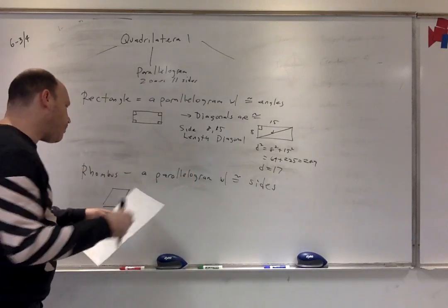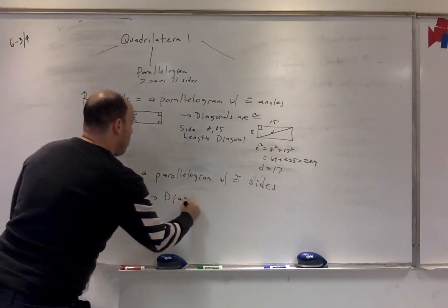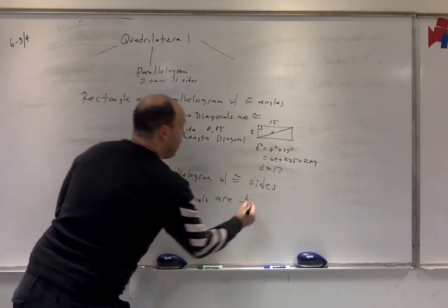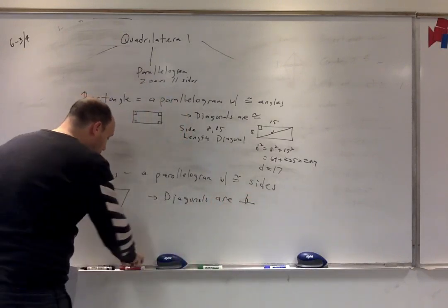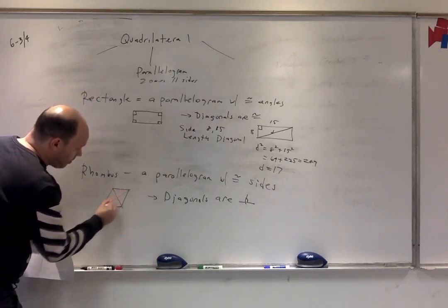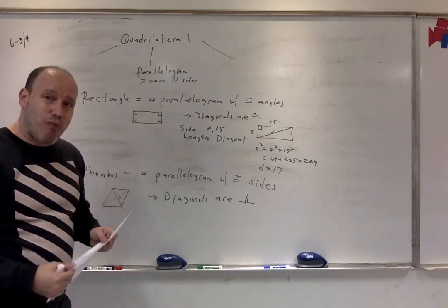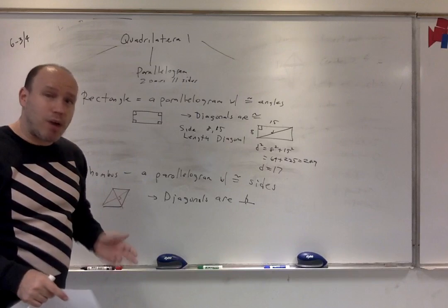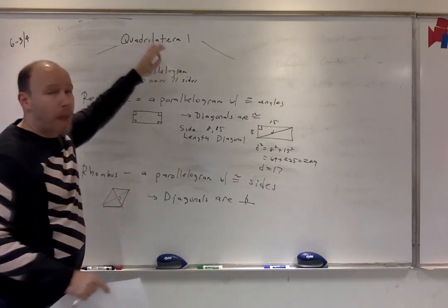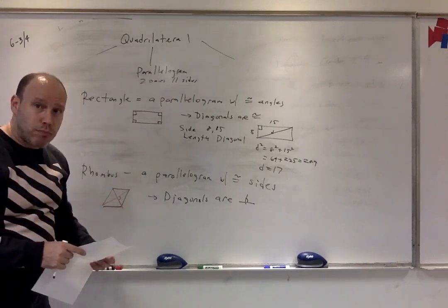Here's the great thing. The diagonals are perpendicular. That's kind of cool. So you always draw it like this. The diagonals in a rhombus are perpendicular. Once again, the rhombus also takes on all the characteristics of the parallelogram, so these diagonals bisect each other.